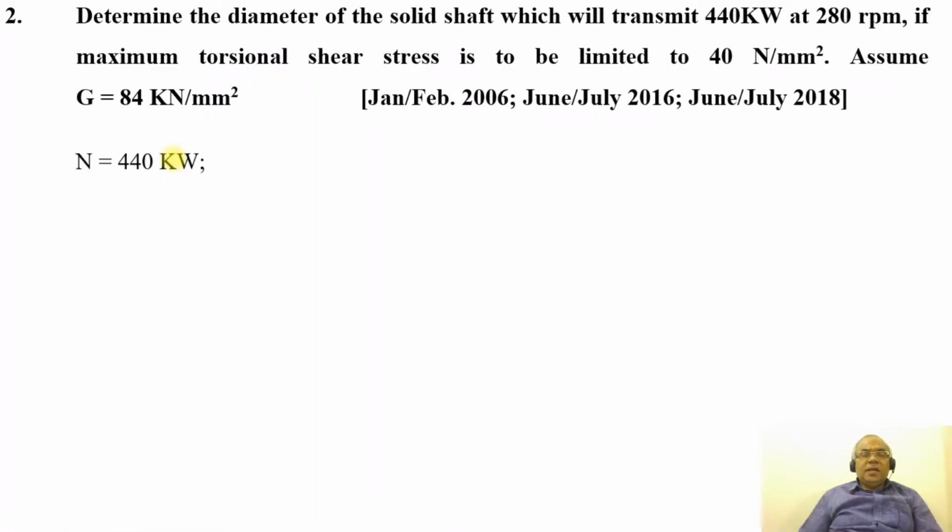So the data they have given, we are going to list it. Capital N, which is the power, is 440 kilowatt, and small n is 280 RPM.